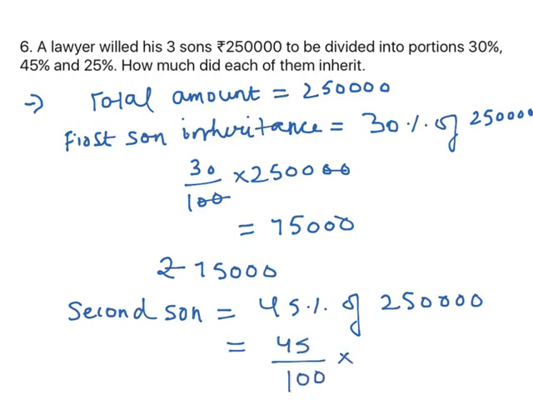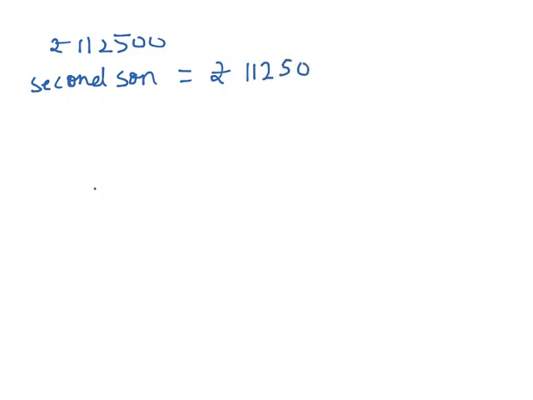So 45% of 2,50,000 will come as, again these two zeros can be cancelled with these two, and 45 times 25 will give us 1125, and then we have 00. So it means the second son will inherit the sum of rupees 112500.